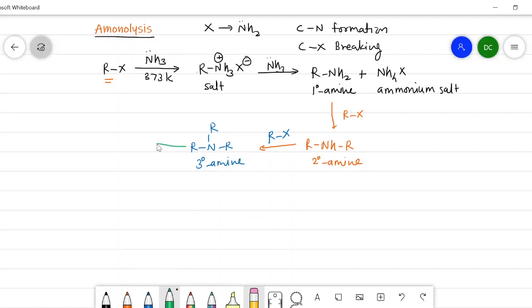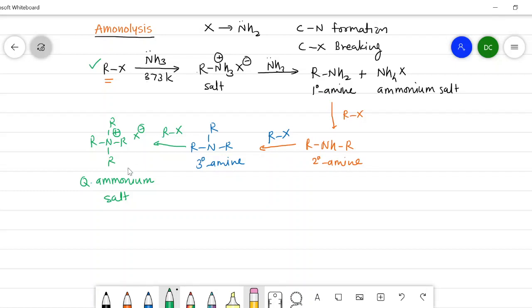Even this tertiary amine reacts with the excess alkyl halide and we get a quaternary ammonium salt, that is N positive with X minus. In this way, in ammonolysis, if the alkyl halide is in excess, we get a mixture of products: primary amine, secondary amine, tertiary amine as well as quaternary ammonium salt.